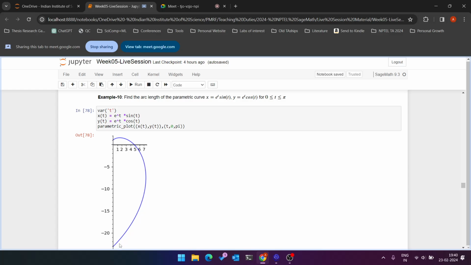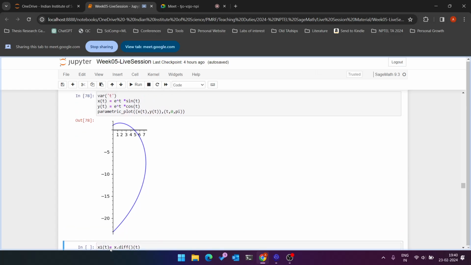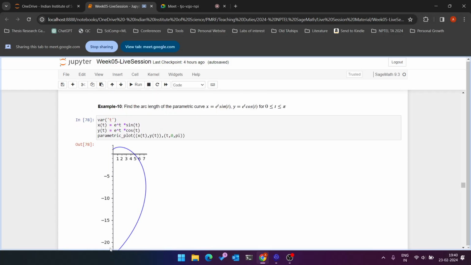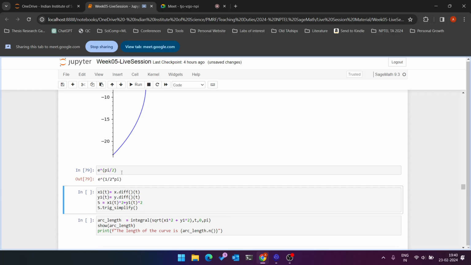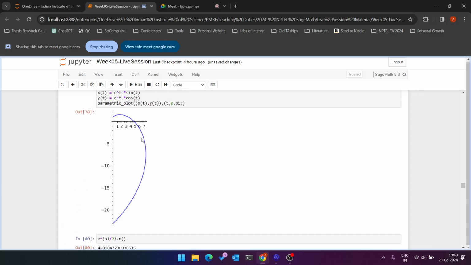And at t equal to pi, again sine of pi would go to 0, which means x would go to 0, but y would be negative. So if I want to check what my value is, if I do e raised to pi by 2, dot n, I get 4.8. So this is around the point this curve intersects here. Just zoom into this.